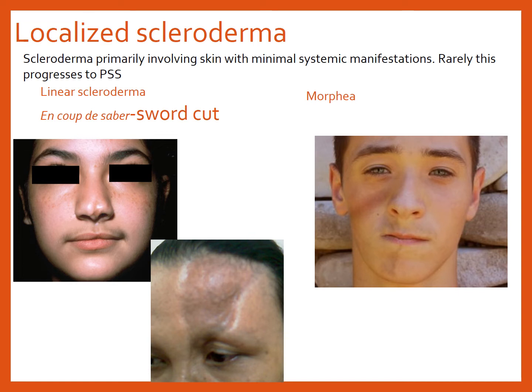You can see that the patient is having a skin defect on the nose as well as on the forehead region. So hence this is a localized area of scleroderma. Morphea could be more one-sided, where one side of the face is involved, and there could be a skin defect involving one part of the face.